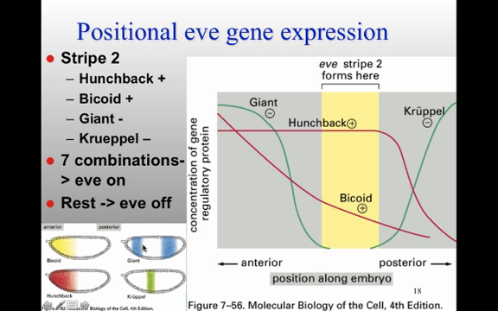It's this posterior end of where giant is being expressed, and before you have the expression of cripple. So basically it's right in this region right here, but you still have this activation of transcription because you've got 2 positive regulators, hunchback and bicoid, which are still present in this particular region of the genome.